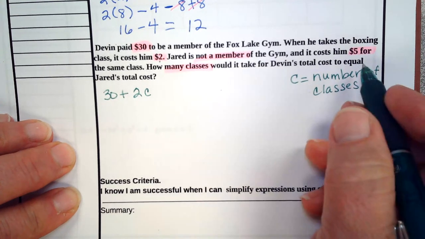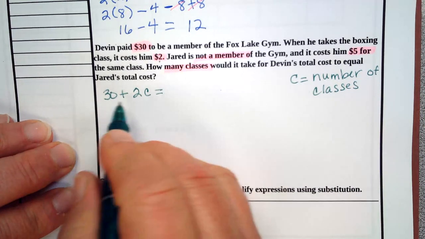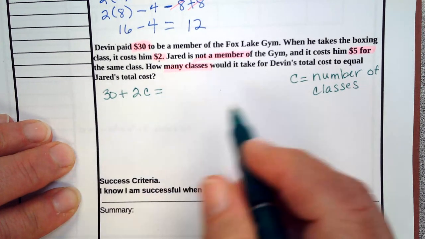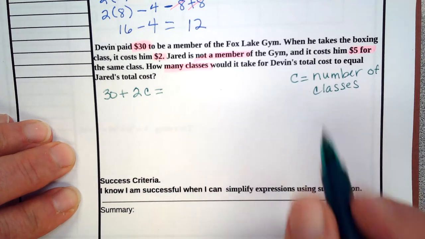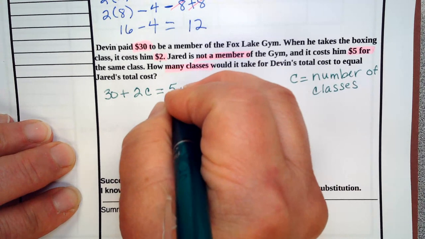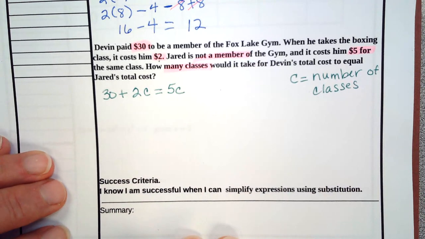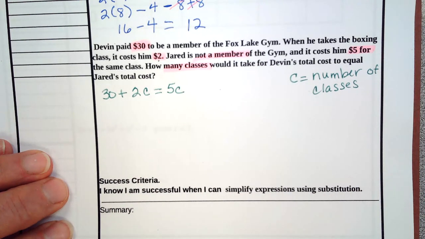Okay, we want to know that's Devin's total cost, but for Jared, it's only that $5 per class. Okay, now we can solve.